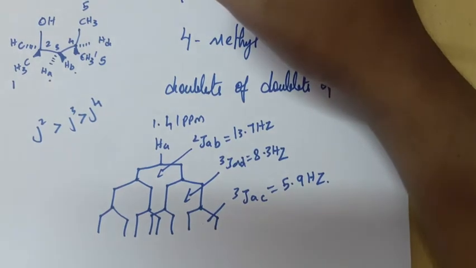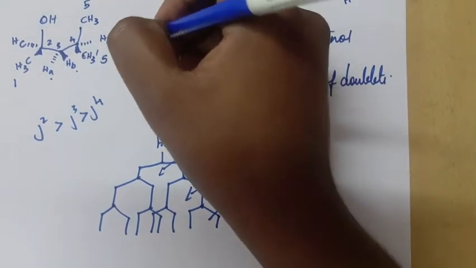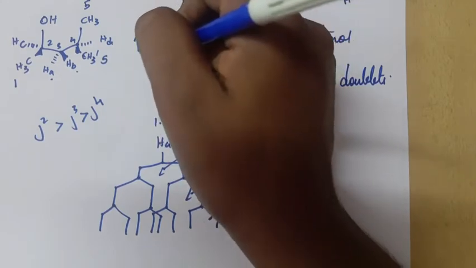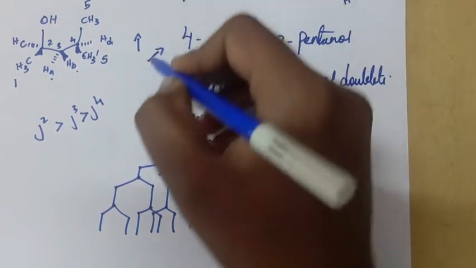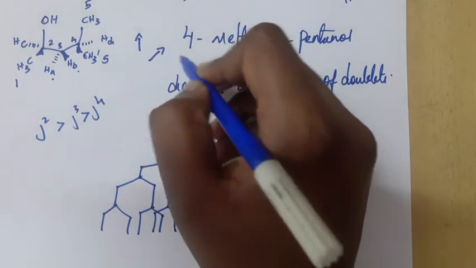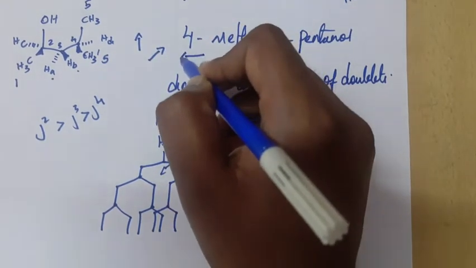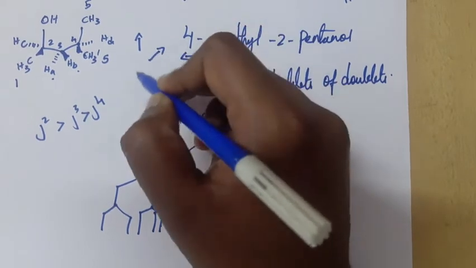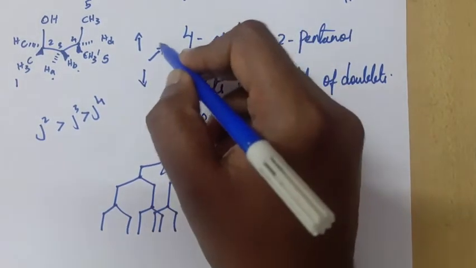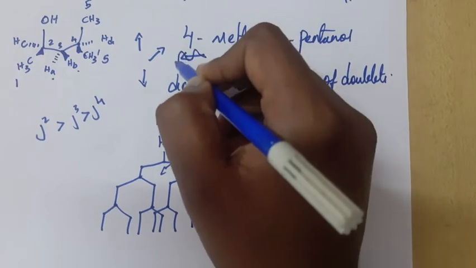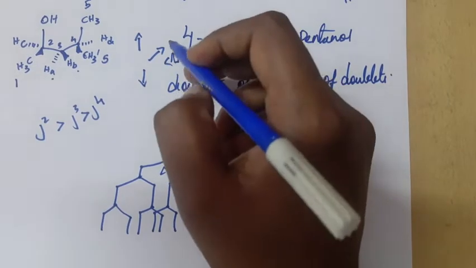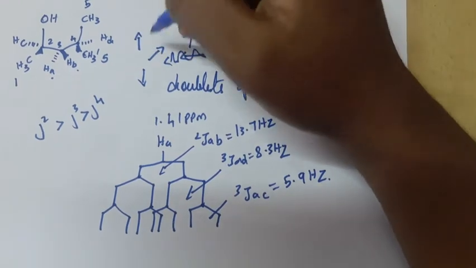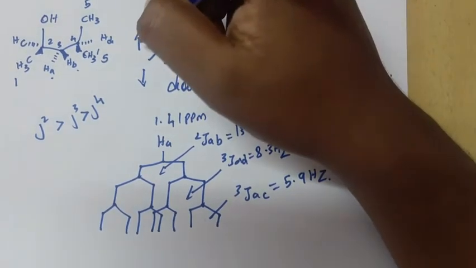So I have an up spin, and I apply a magnetic field, and therefore it precesses about its axis. And if I give a radio frequency equivalent to this precession, it's going to change its spin. I put the radio frequency here so it will not be confusing. That's how NMR works.